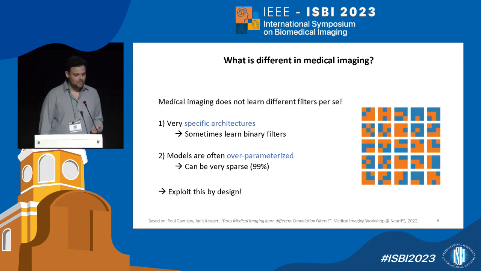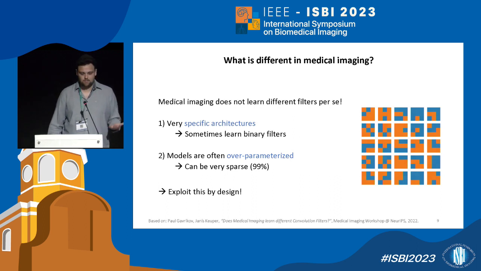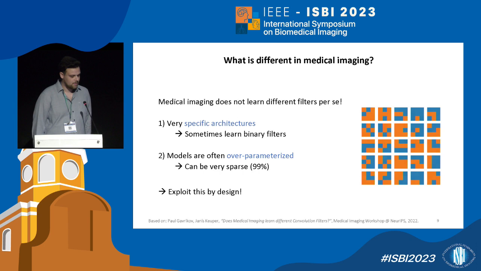So I want to encourage you, if you experience something like this in your models, go ahead and exploit this by design. If you see that your model is increasingly sparse, then reconsider using a smaller model. And if you see that it's learning some kind of weird filter distribution, try to reformulate your search space such that you can exploit this and train your models faster and probably with less data.